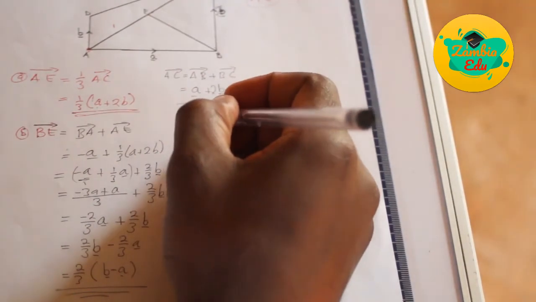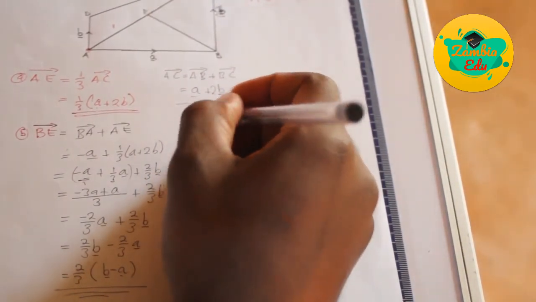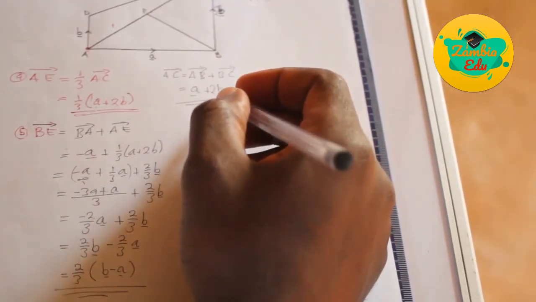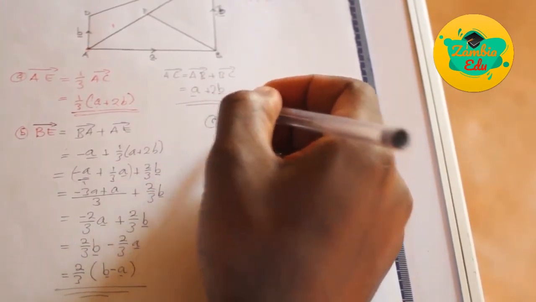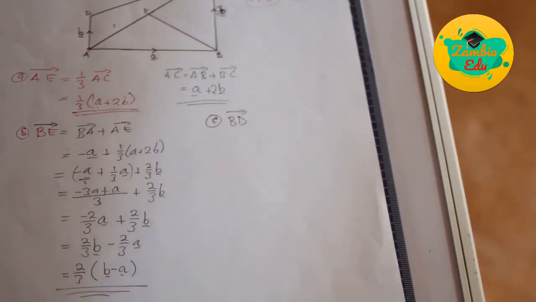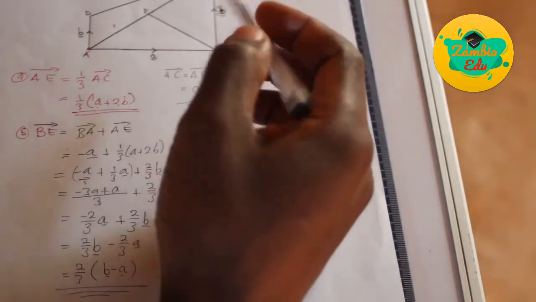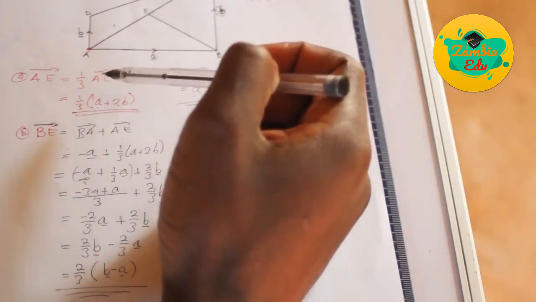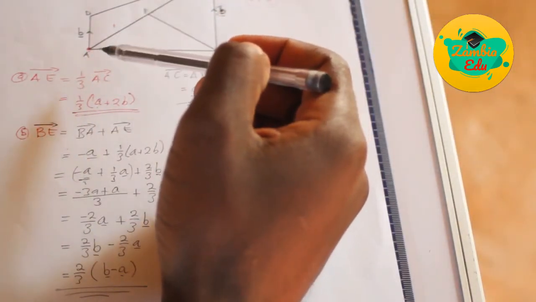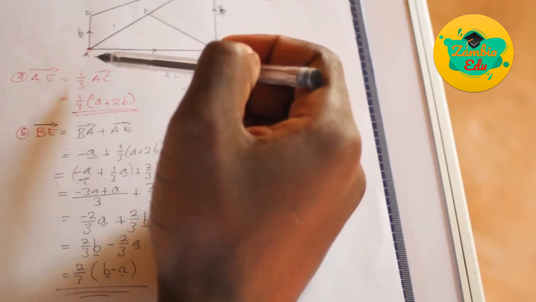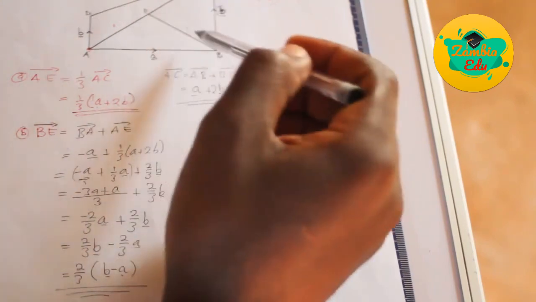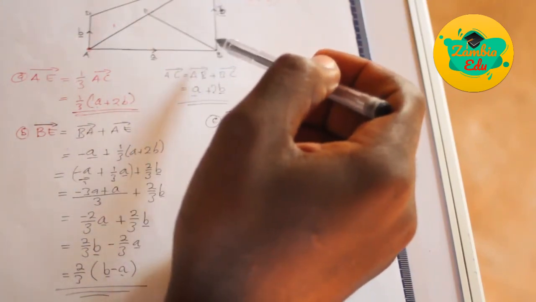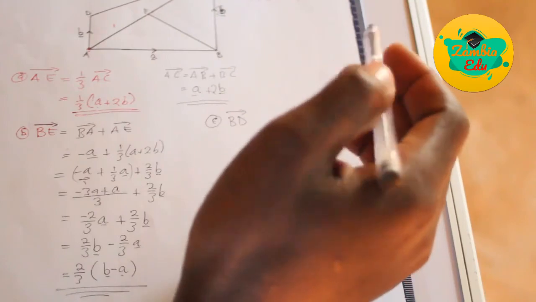Let's work out now our C. Our C says find BD. Find BD. So where is BD first? B all the way to D there.